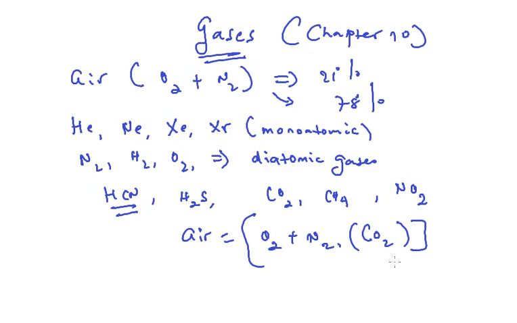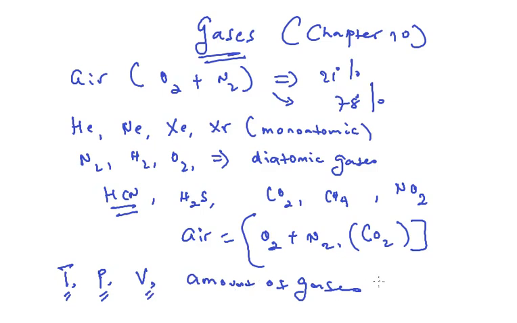Now we're going to see what properties define the state of a gas sample. The most measured properties of gases are temperature, pressure, volume, and the amount of gas. These are the four variables that help us understand the properties of gases.